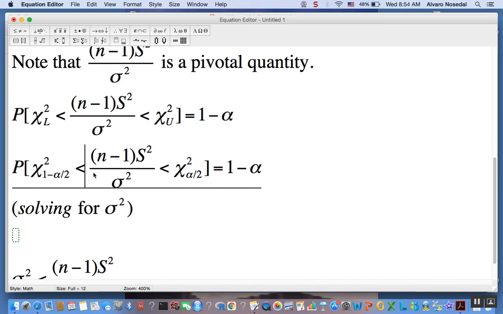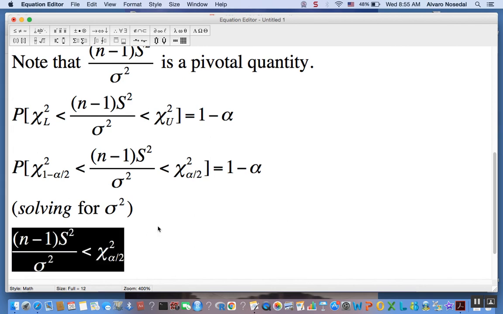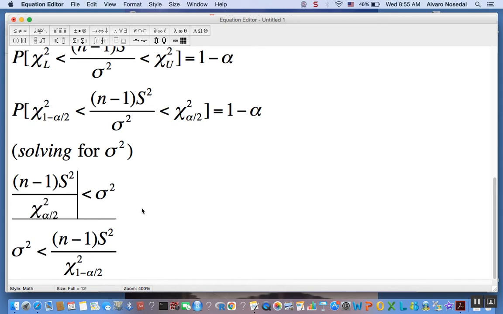Now let's take into account this guy here, the other inequality. Doing the same, multiplying by sigma squared on both sides, I have this. But then I divide by chi-square sub alpha divided by 2, and I end up with this.